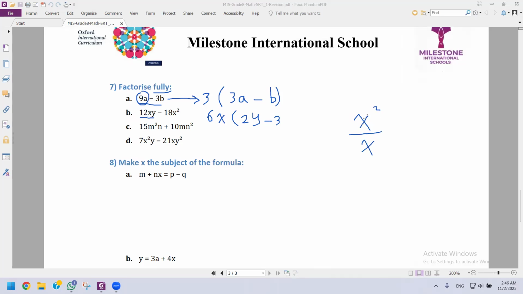How many x I have up? 2. How many x I have down? 1. So remove 1 from here and 1 from up. So the answer is only x. How do I check if my answer is correct or not? I expand again. 6x times 2y, 12xy. 6x times minus 3x, minus 18x squared, which is correct.